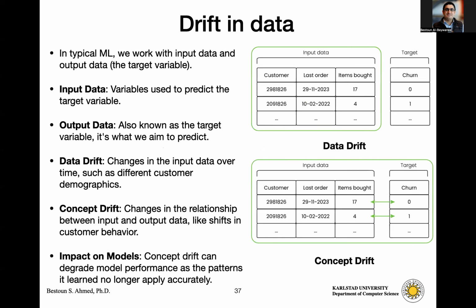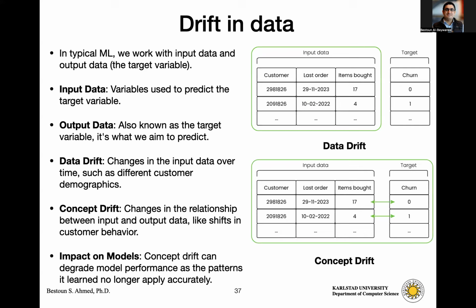Another thing we have to monitor, which is very, very important nowadays, is the data and the drift of the data. Most probably, we focus on input and output. Input means the input data, that is the table or the kind of data that is streaming and coming to you.